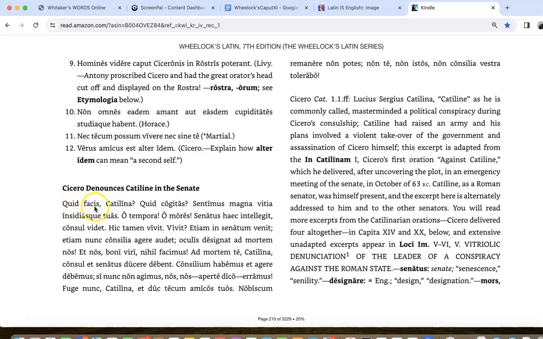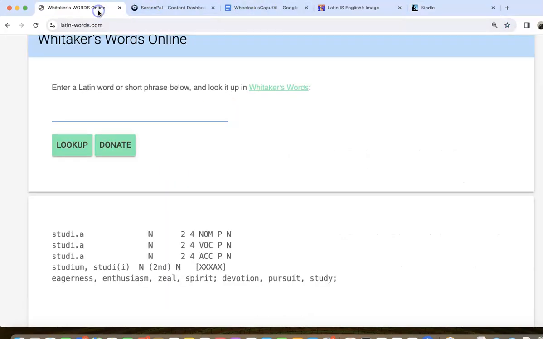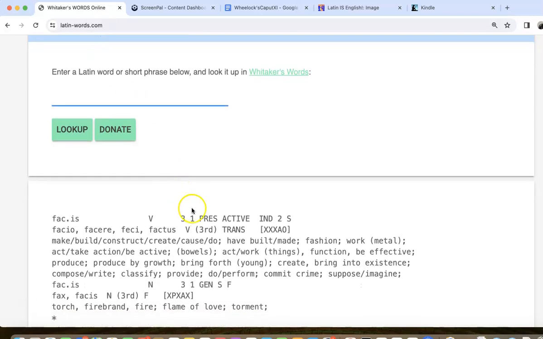So quid facis, that means what are you doing? It ends in S, that's second person singular: facio, facis, facit, facimus, facitis, faciunt. So again, if we're not sure, we'll look that up on Whitaker's Words. So it's present active indicative, second person singular.